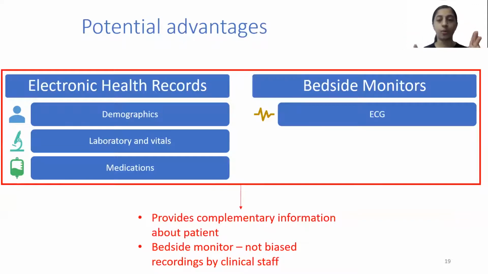This provides complementary information about the patient. Also, importantly, the bedside monitor records automatically. So it's not dependent on the manual recordings by the clinical staff, which is the scenario in case of the electronic health records.